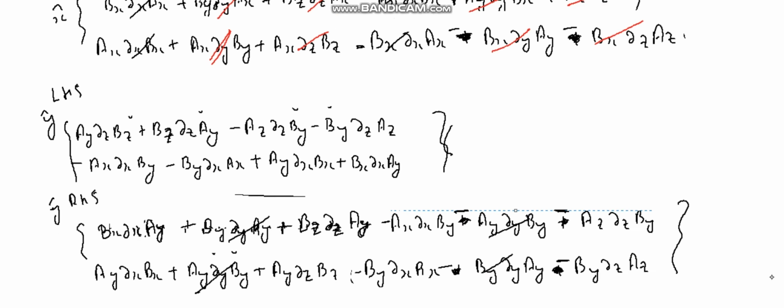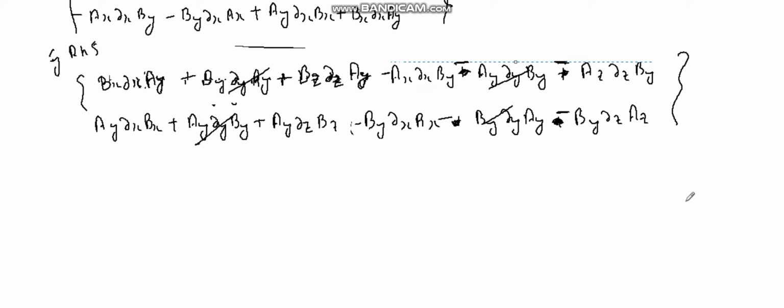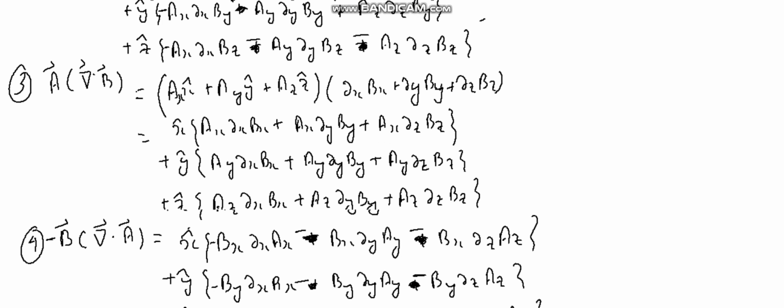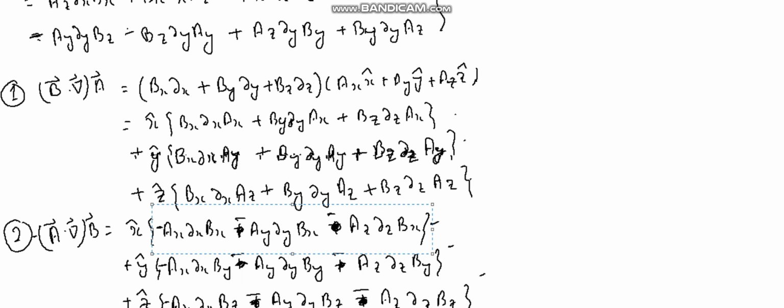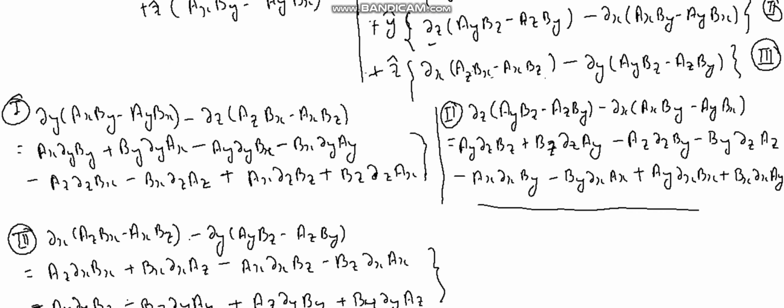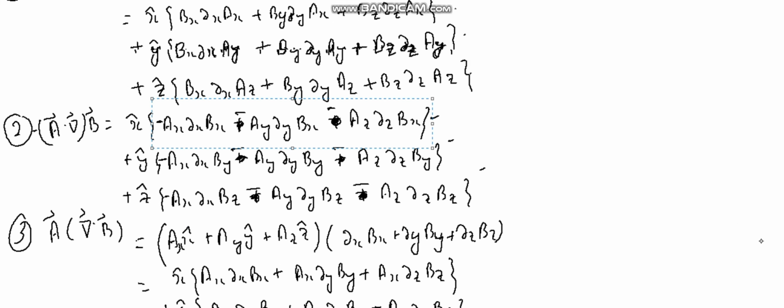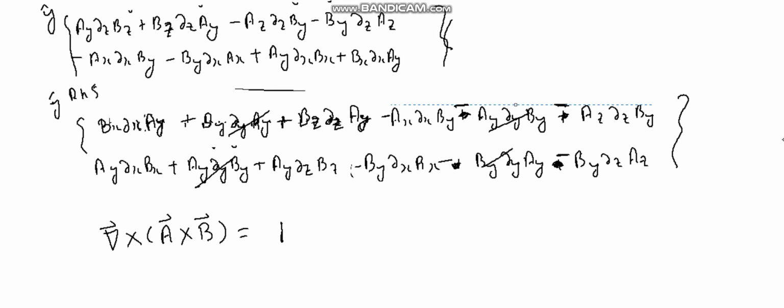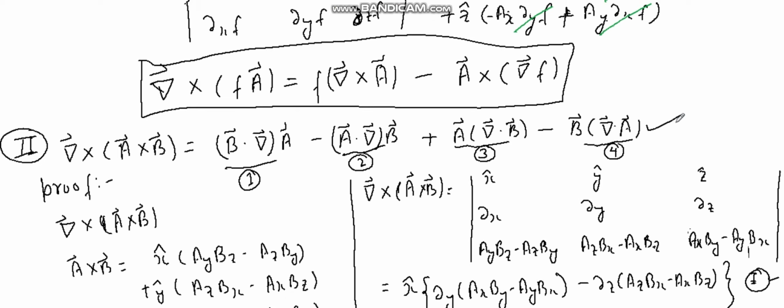You will see that they also have the same terms in both the LHS and RHS, and hence from this analysis we can say that the curl of the cross product of two vectors is going to equal, yes, I mean you can prove this identity. Okay.